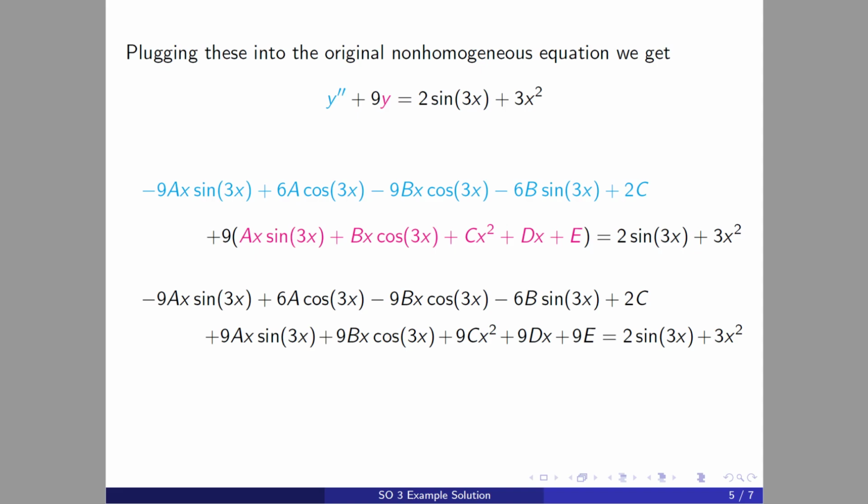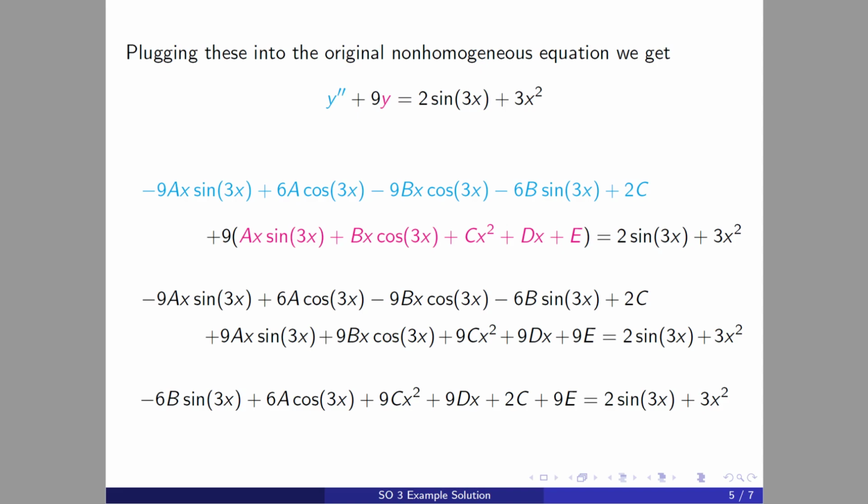You'll notice the ax sine 3x terms cancel with each other, and same with the bx cosine 3x terms, but we do have cosine of 3x and sine of 3x terms still hanging around, as well as x squared, dx, and constants. So we line all this up to compare the left-hand side to the right-hand side and solve for our coefficients this way.